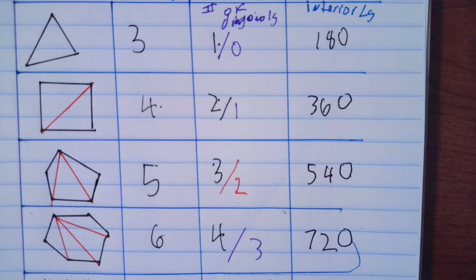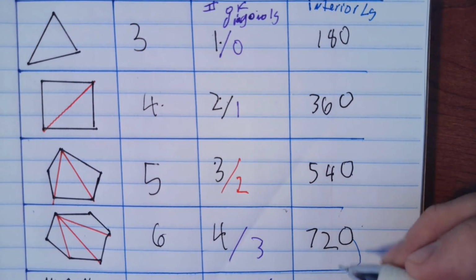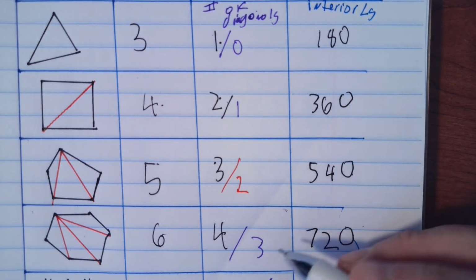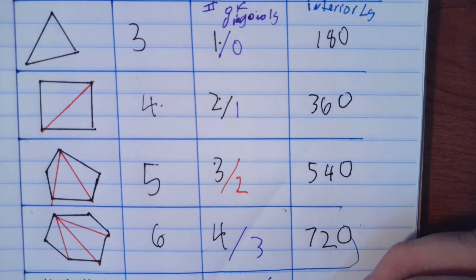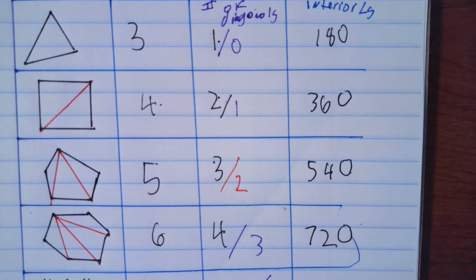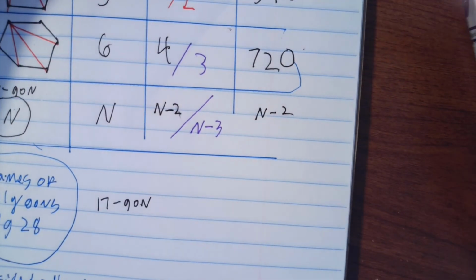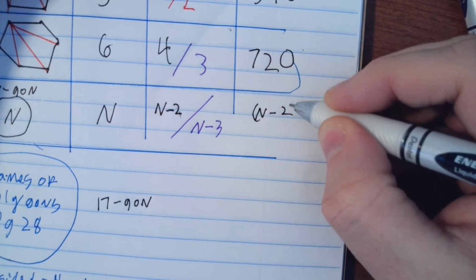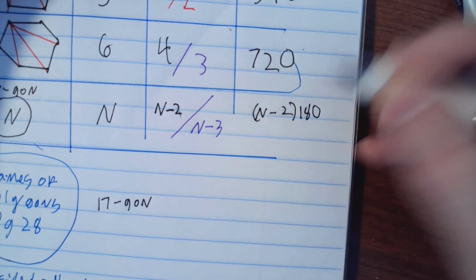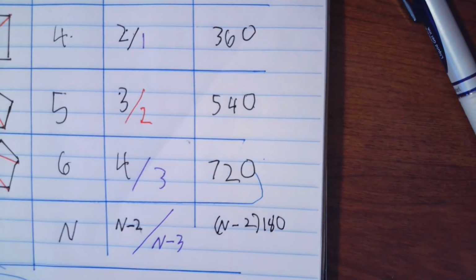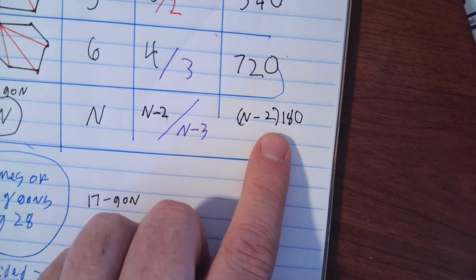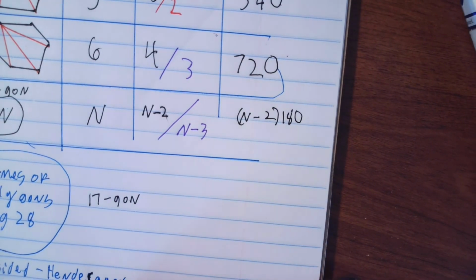So this means that the number of triangles in an n-gon, times 180, is going to give us the total of the inside.